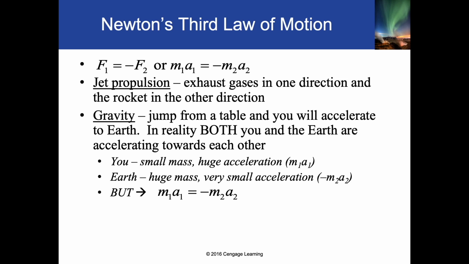The earth has a huge mass, so it has a very small acceleration. But the first mass and the first acceleration, you falling towards the earth, is still equal to the negative of the mass of the earth and the acceleration of the earth.